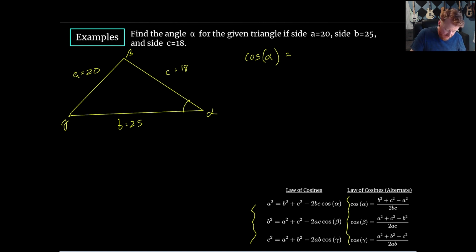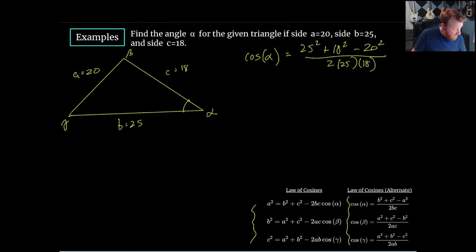Cosine alpha is equal to b squared, so 25 squared, plus c squared, which is 18 squared, minus a squared, which is 20 squared, all over 2 times b, which is 25, times c, which is 18.